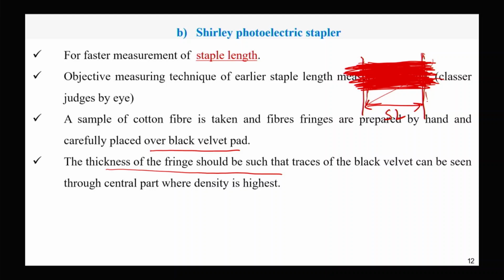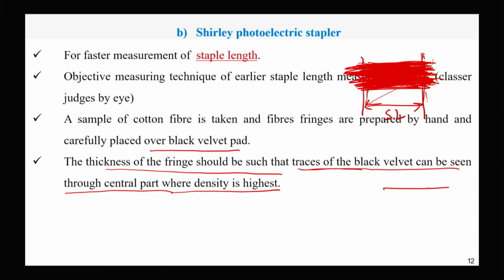So the number of fibers we have to select is such that the traces of black velvet can be seen through the central part where density is highest.